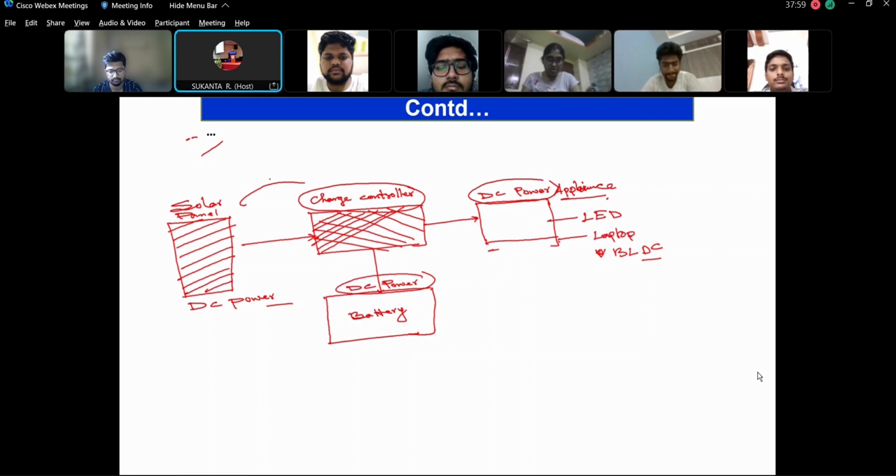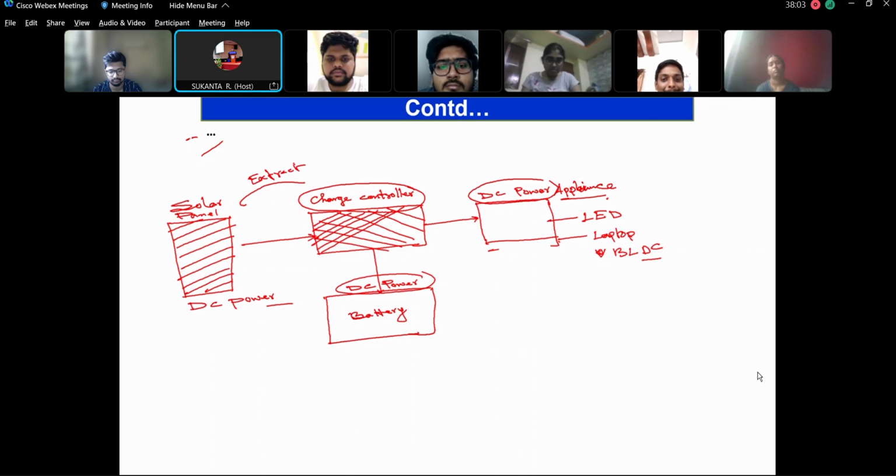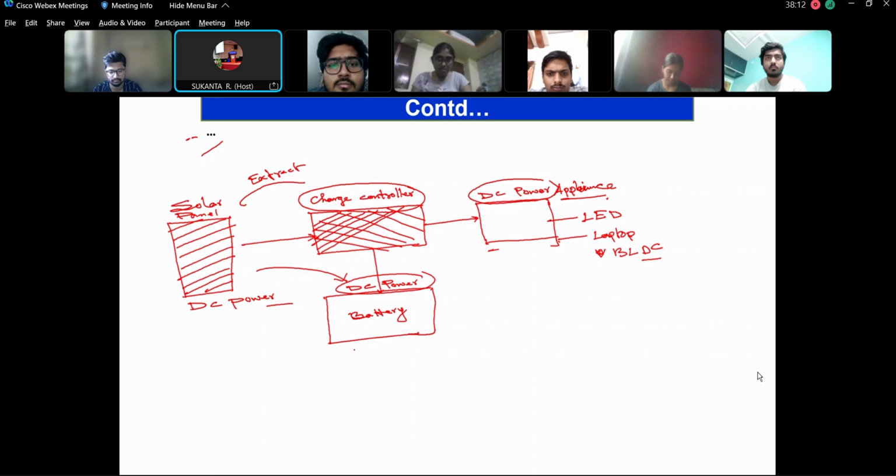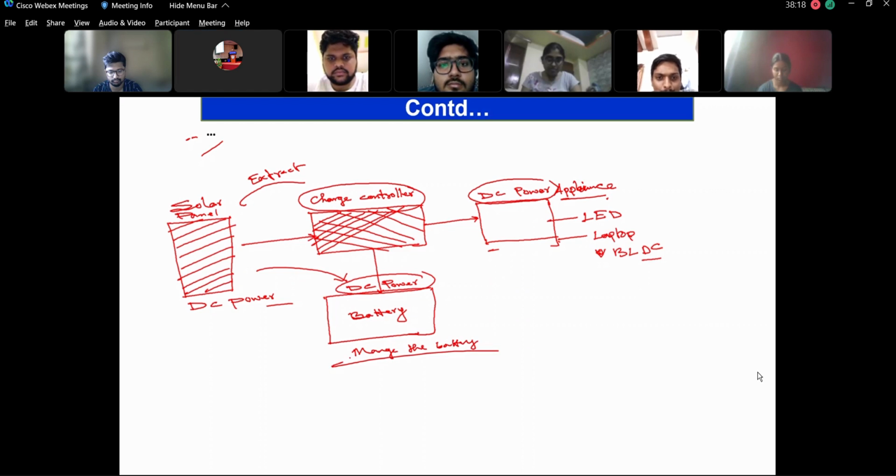So what are the roles of charge controller? It will extract maximum energy from the solar panel. Then it manages the battery also. How is it managing? It will control the overcharge.